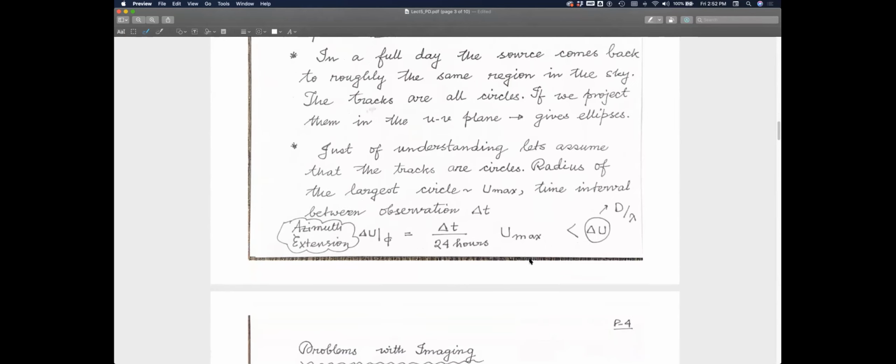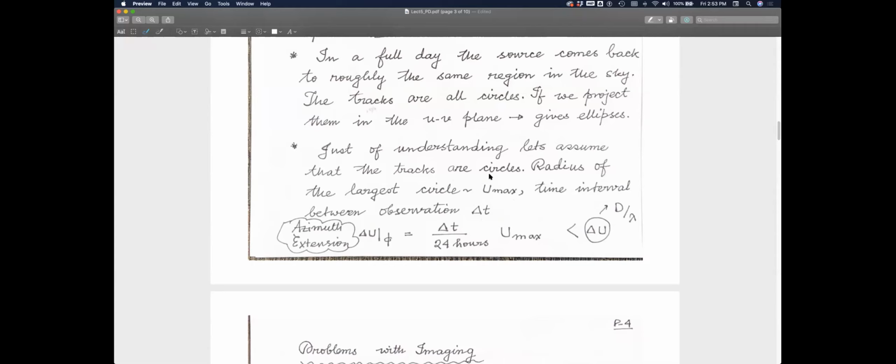Now, let's say that my maximum baseline is Umax, and the time interval that I've chosen between observations is delta t. Then in 24 hours, the Umax vector comes back to the same position, right?